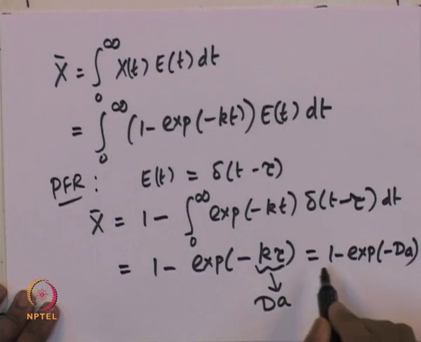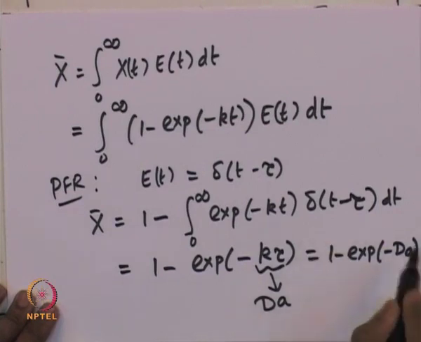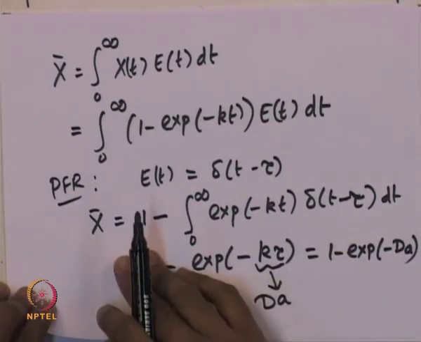And what is interesting is that the model that we actually obtained from the segregated model is the same as that of the mole balance of the plug flow reactor. We know that the performance equation of the plug flow reactor suggests that the conversion is equal to 1 minus exponential of minus Da, and let us see how that is the case.